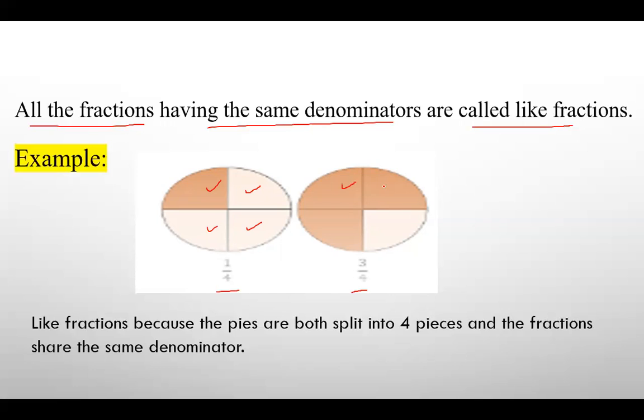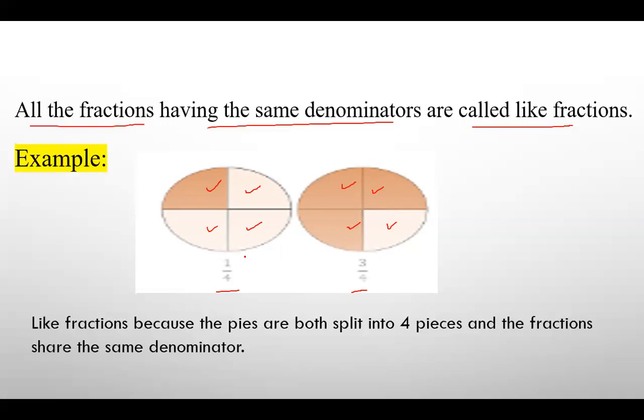Both are divided into 4 parts. It doesn't matter if it is divided into other parts, but here it is divided into four parts. It means that they are sharing the same denominator. They are like fractions. Both are divided into 4 parts, so that's why these are called like fractions.